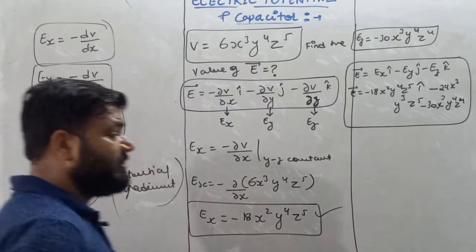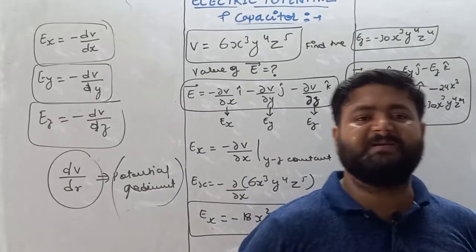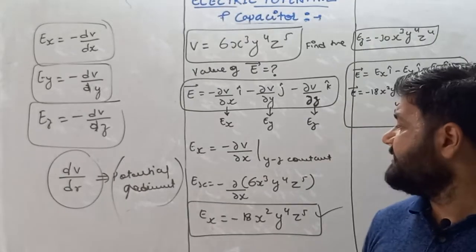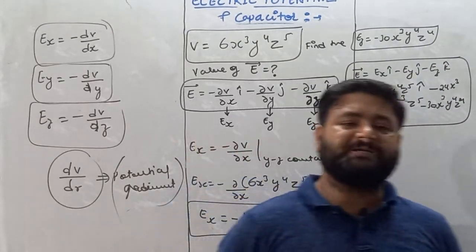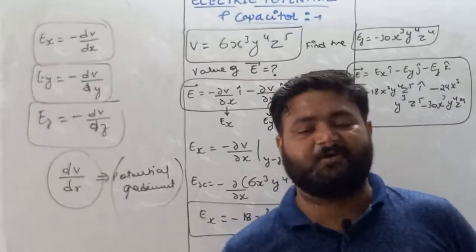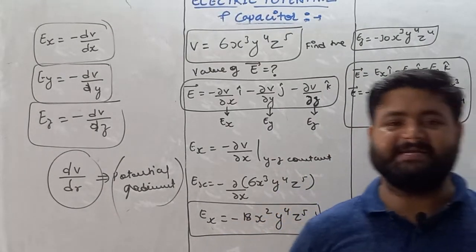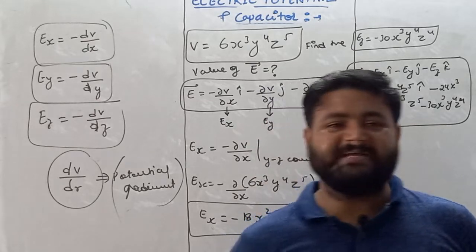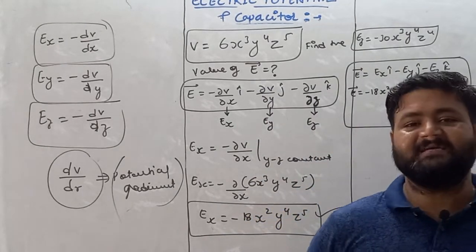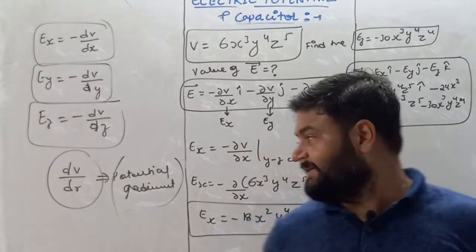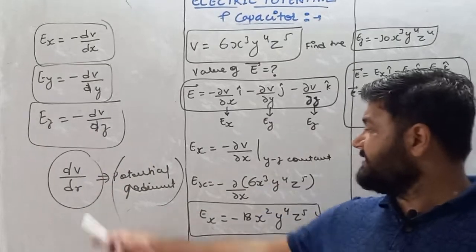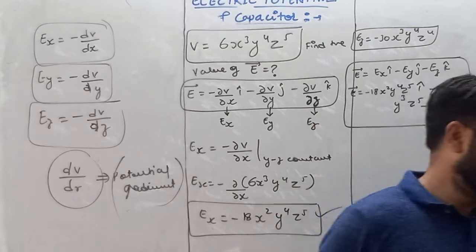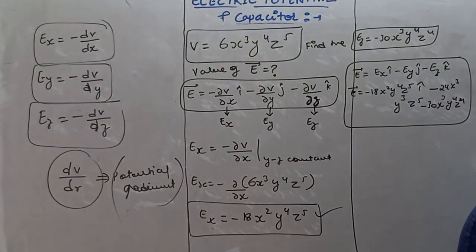Rate of change of potential with respect to distance is called potential gradient. This dV by dr means change in potential with respect to distance is called potential gradient. I hope you all understand this concept, my dear student.